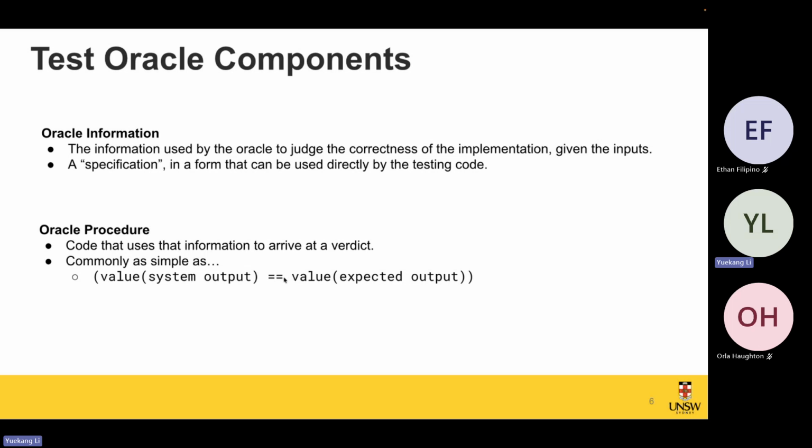We can just check whether the expected output is the same as the actual output we get. And you can see here, the expected output is actually the oracle information, right? So the procedure is just this check.